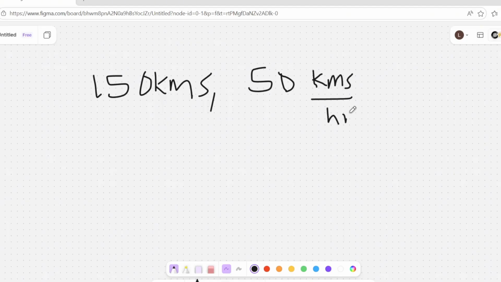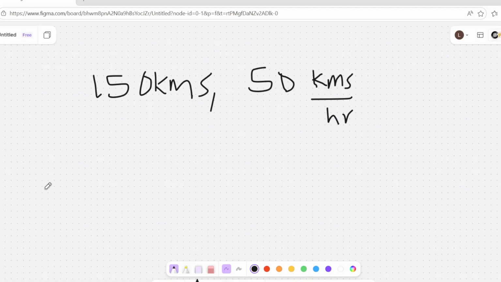The question is how to find the time. How long does it take? The givens are this distance and this velocity or speed.